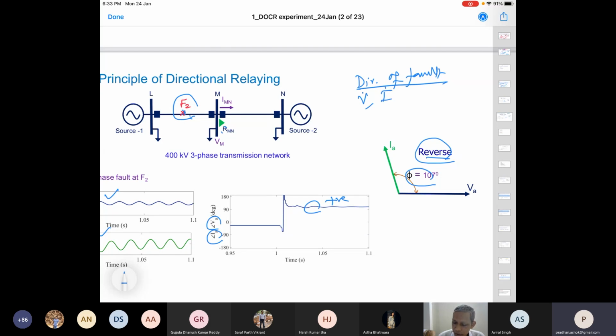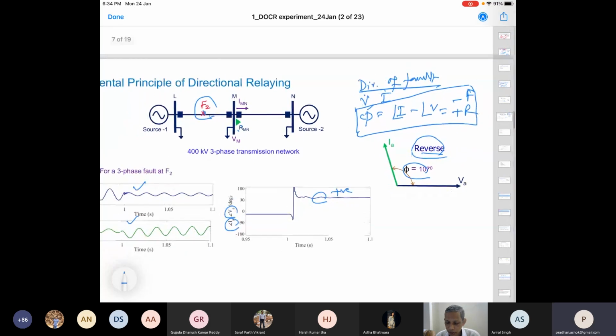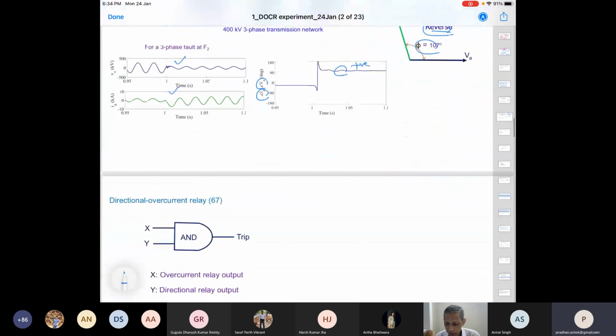Then you compute the angle of I minus angle of V, for the same window, using the corresponding voltage phasor and current phasor, and find the angle between them. This is your phi, and if this is negative, it is forward direction. If it is positive, it is reverse direction. So this is the rule or principle which the directional relay will follow.